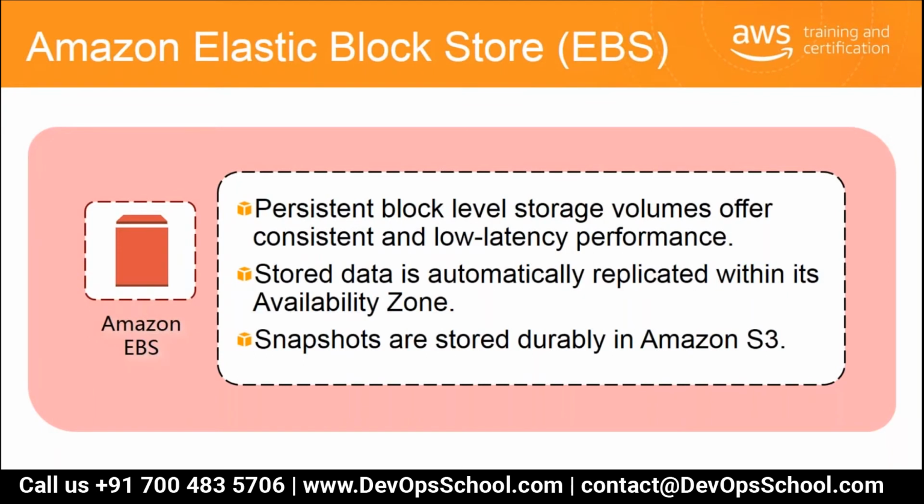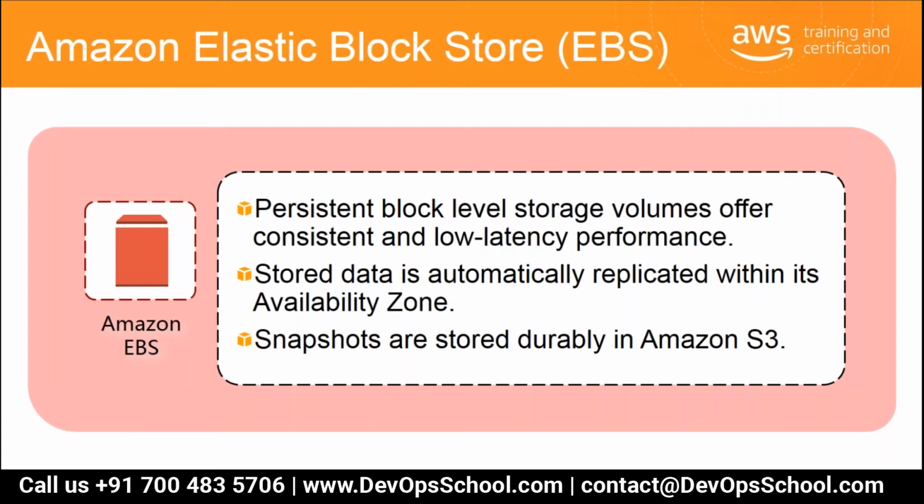And then there is elastic block storage. This block storage gives you a persistent block level storage volume for consistent and low latency performance. Now, when do you use elastic block storage?